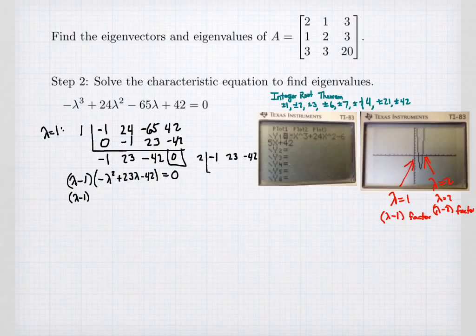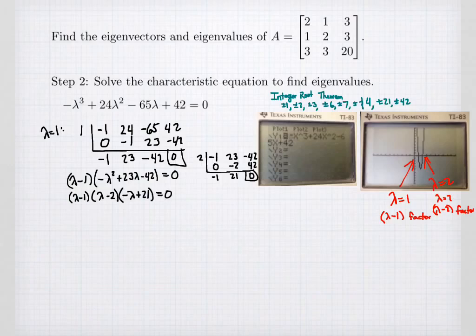We're testing lambda equals 2. So -1, -2, 21, 42, and 0. Sure enough. So we get lambda minus 2, and we read off the last polynomial, negative lambda plus 21.